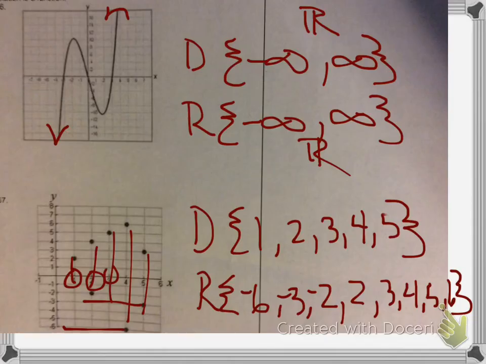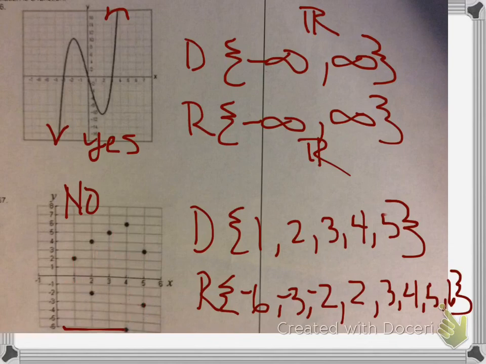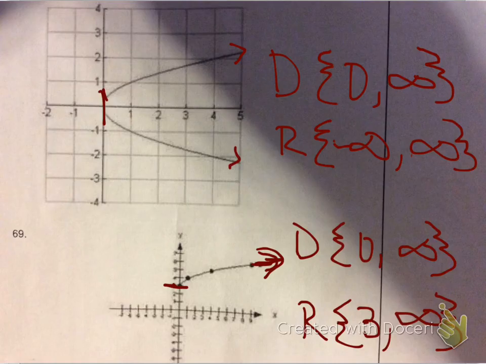Now, keep in mind, I'm supposed to also mention whether or not these are functions. Yes, this is a function. There are no points where they're over each other. No, this one is not a function. The reason why is that I can see at least 2 points that are on top of each other, which would say that x would repeat.